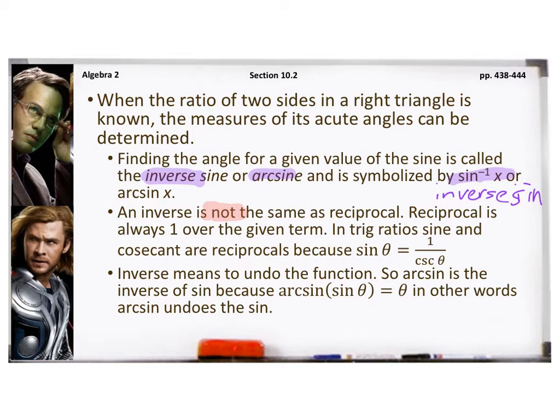Reciprocal is always 1 over the given term. The trig ratios sine and cosecant are reciprocals because the sine of theta is equal to 1 over the cosecant of theta. Okay, that's what I'm saying. This is not the same thing as reciprocal. This is inverse. Inverse means to undo the function.